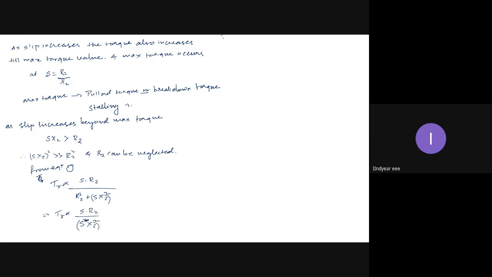Now R2 is a constant, we know that. Therefore, TR is proportional to S divided by S square into X2 square, or TR proportional to 1 over S into X2 square.